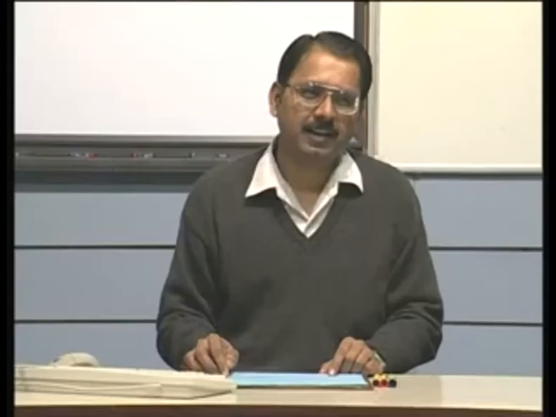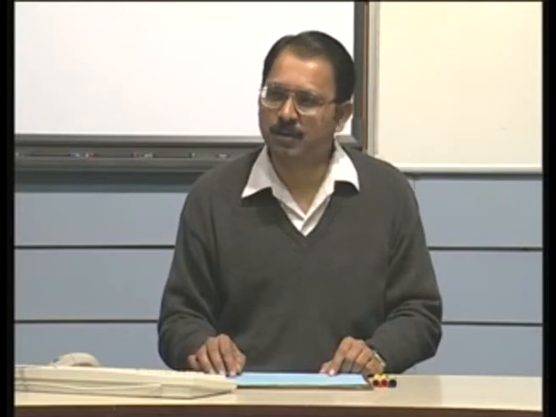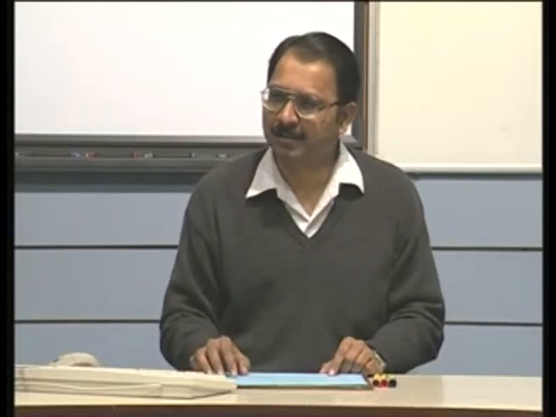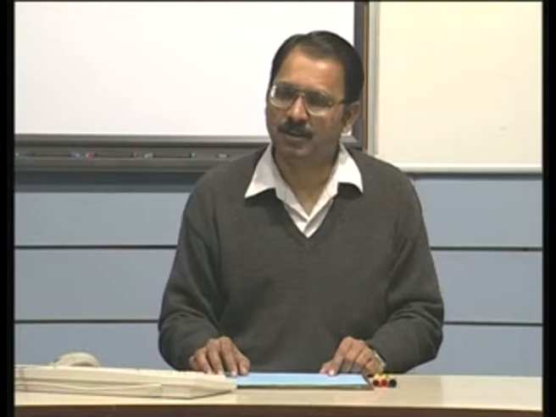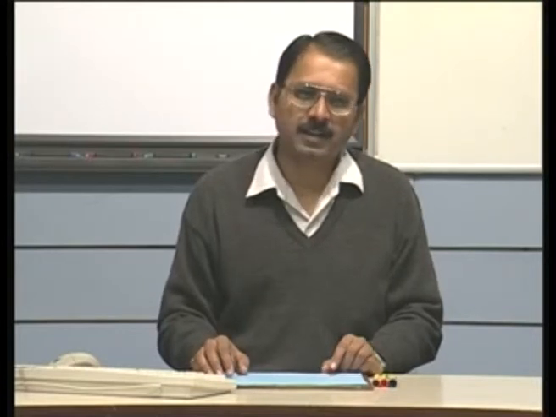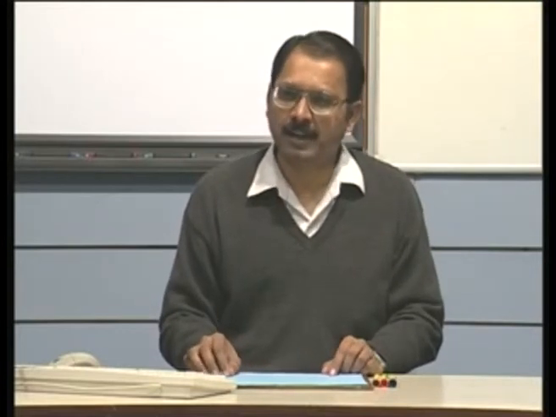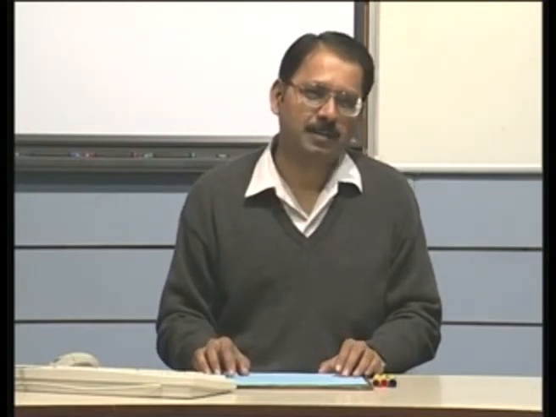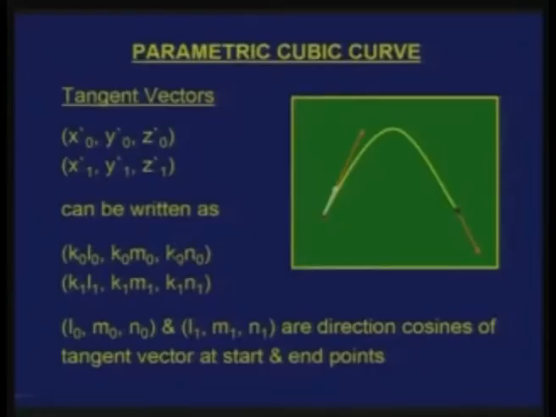If somebody gives me 2 direction cosines, I can calculate the third one. So if I give the starting and end point and only the direction cosines, I do not have all the 12 values to solve the 12 algebraic equations. That is why you also associate magnitude here.